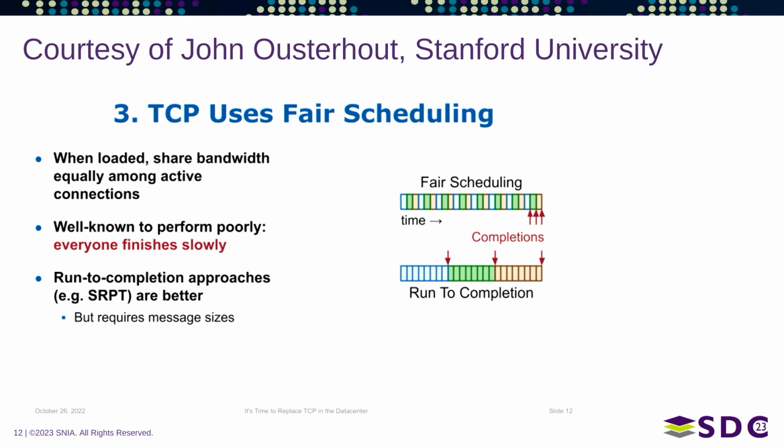Third topic, TCP is known to use fair scheduling, okay? But what kind of fairness is it if every single connection or every single message suffers from the same latency, right? So read this chart as time, and you basically get your message by fair scheduling, you chop it up, and at the end of the day, all these three messages are delivered, and that's when you can start computing.